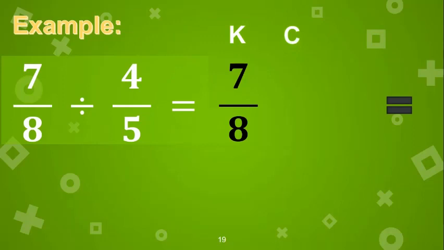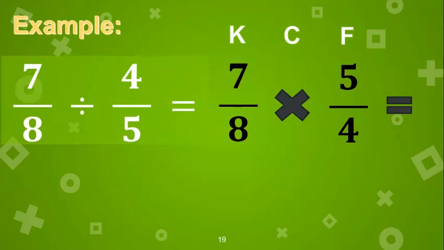You're going to change the division sign into multiplication sign. And for F is flip. You're going to flip the second fraction or just simply get the reciprocal of the second fraction. So your 4/5 becomes 5 over 4.